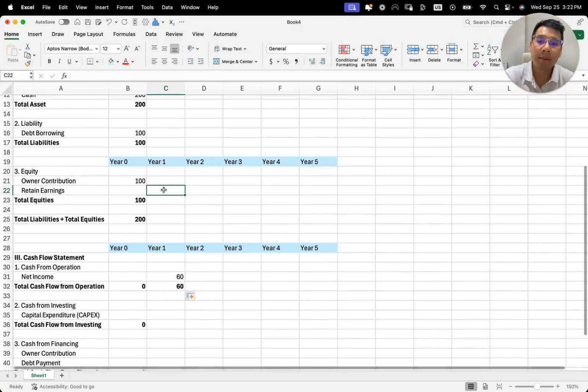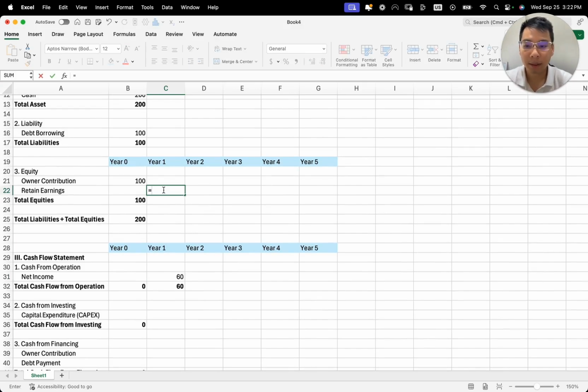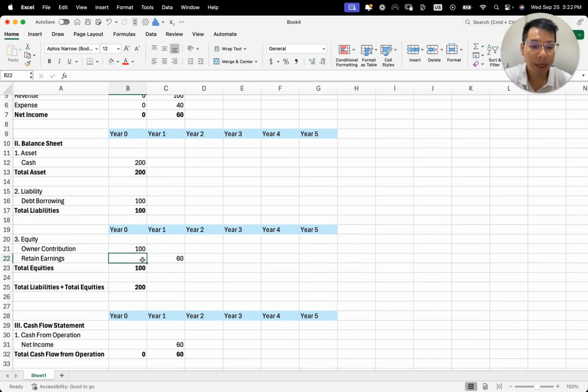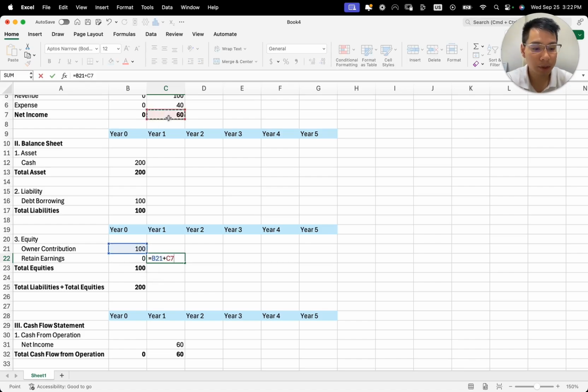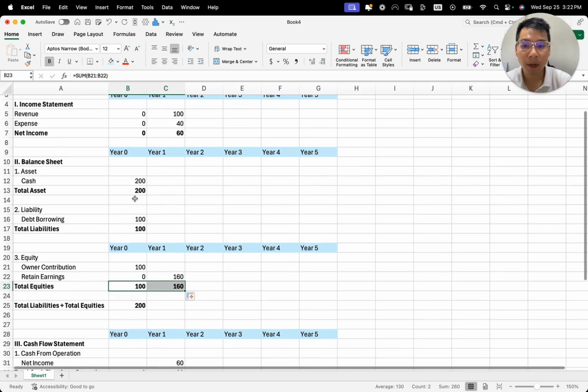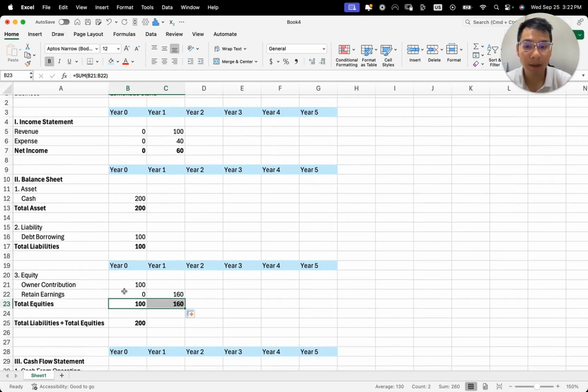That means you retain the net income in the business, but your retained earnings are 0 at the beginning, because you're not actually making money yet. So the retained earnings equal the owner contribution plus the $60, which makes your retained earnings 160, and your total equity $160. Remember, you start with 0, you make 60, and when you put 100 in, your retained earnings are $60.